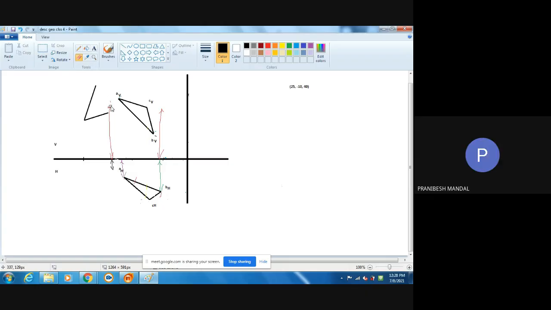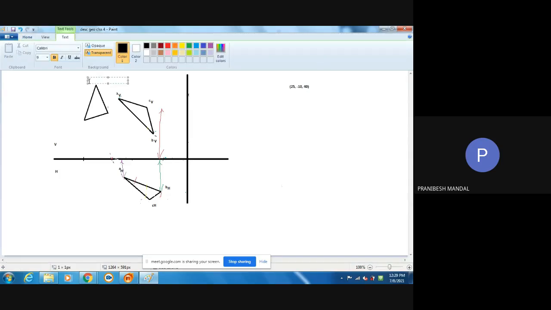Follow this particular theme. This is very important, and actually the most important of all. Suppose we are having another plane XYZ. It is possible, isn't it?